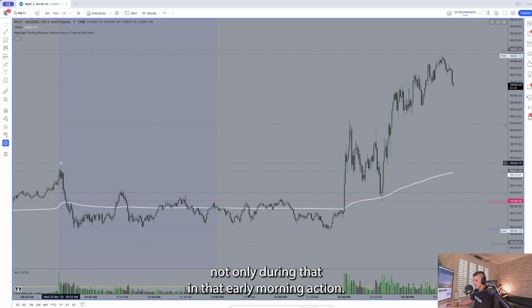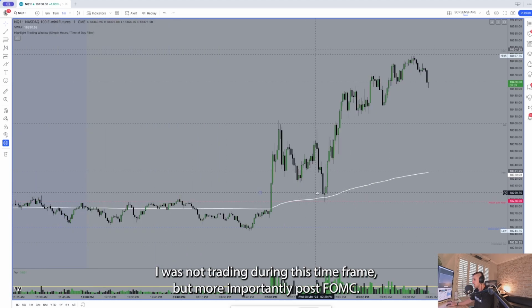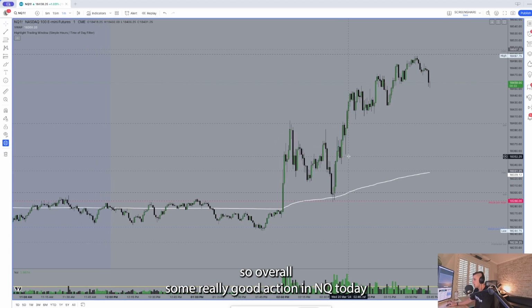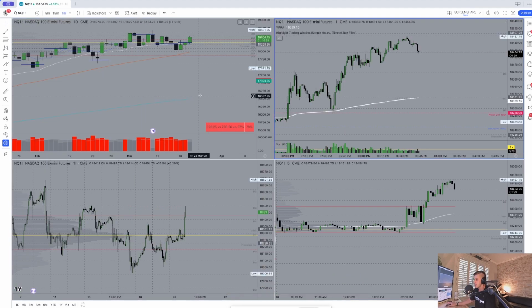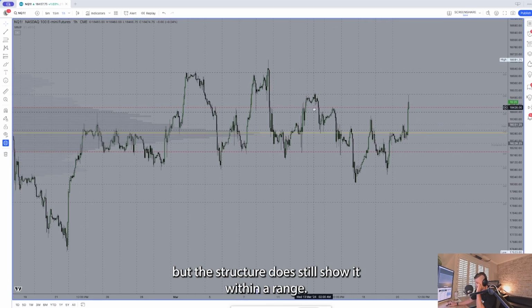Not only during that early morning action, I was not trading during this time frame, but more importantly, post FOMC, right? You get a phenomenal long entry with that 18,300 level holding as support. So overall, some really good action in NQ today, but the structure does still show it within a range.